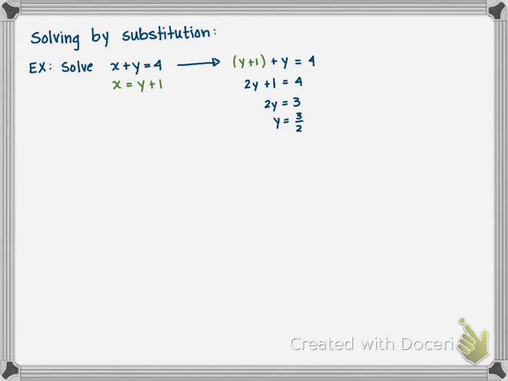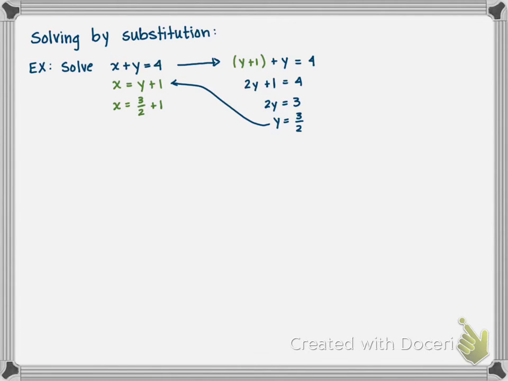And we're not quite done because we have to get an ordered pair. So we need x as well. So we're going to take this guy back over here and say, okay, now I know what y is, and I'll get x if I add 1 to it. Yes? How did you get 2y? Y plus y. Oh, okay. I thought you were multiplying, so I was confused.